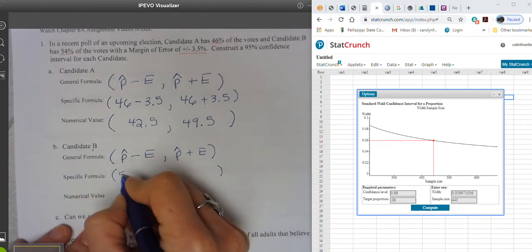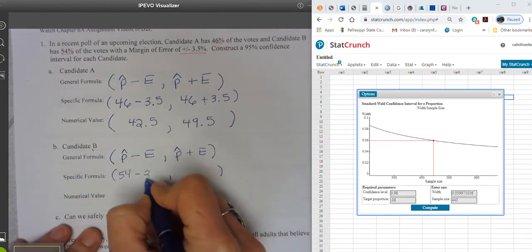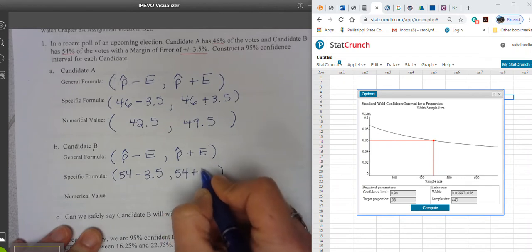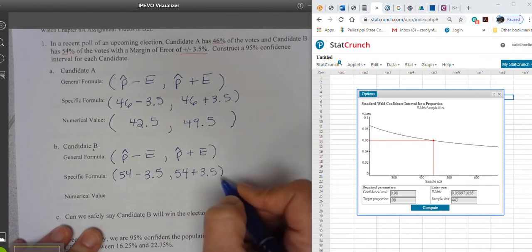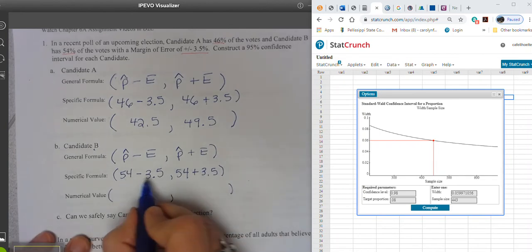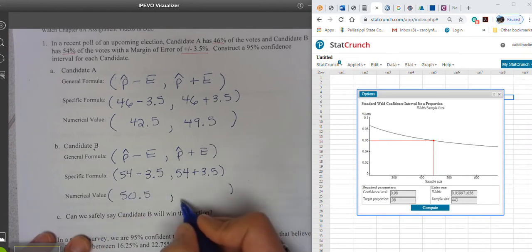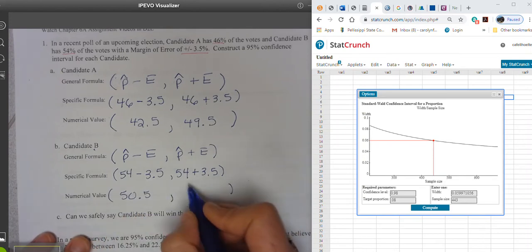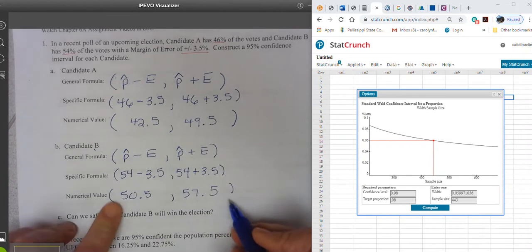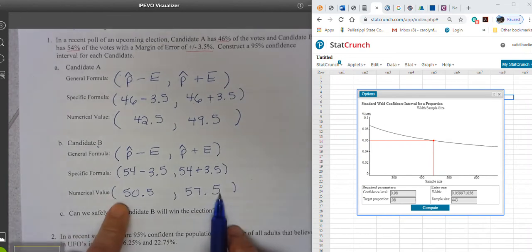We're taking 54% and subtracting the margin of error of 3.5%, and taking the 54% and adding on the 3.5% margin of error. So working that out, 54 minus 3.5 is 50.5, and then 54 plus 3.5 is 57.5. So this is our 95% confidence interval.